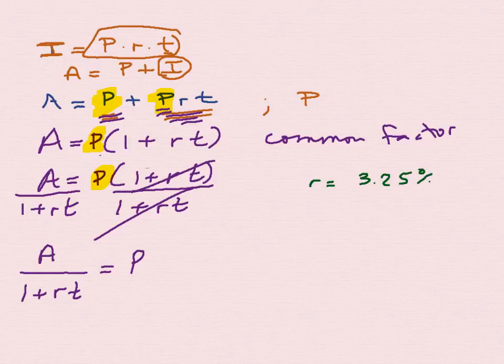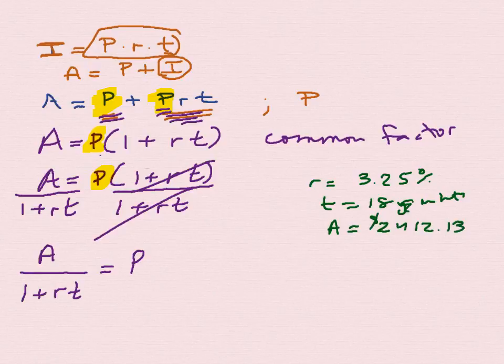And it was for 18 months. The time was 18 months. So a year and a half. And that at the end, the money was worth $2,412.13. How much money was invested in the first place?